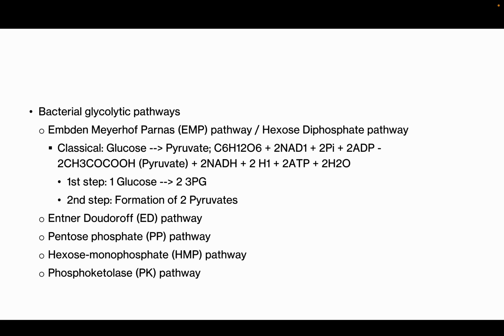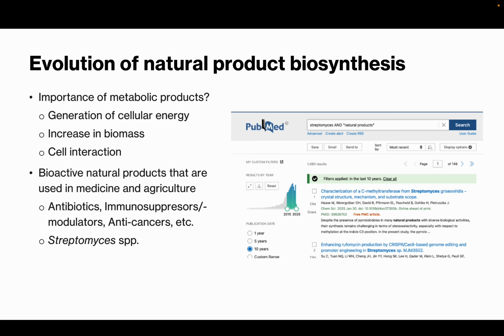classical primary pathway. Then we also discussed the concept of natural product biosynthesis, its evolution, or the idea that microbes are able to produce bioproducts that are usable to humans.